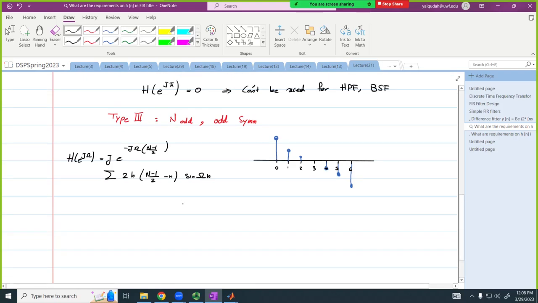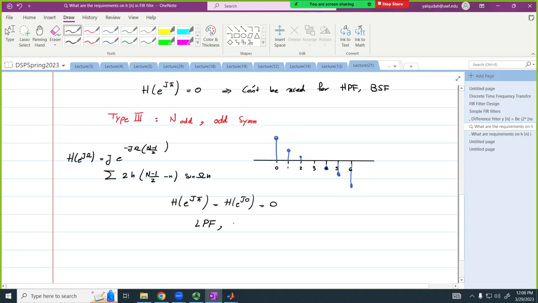And therefore, if I look at H(e^jπ), it is going to equal H(e^j0), which is going to equal 0, because of the sine: when ω is 0 or π, this all is going to be 0. And therefore, can we use this for a low-pass filter?